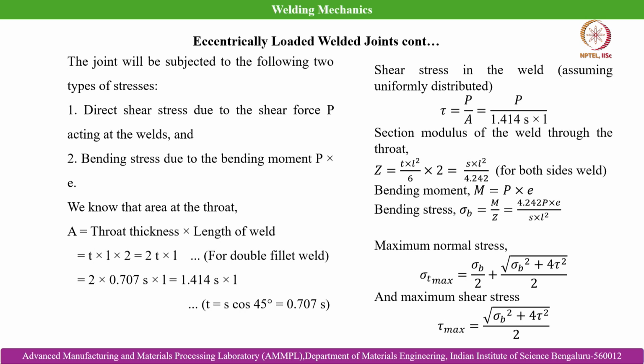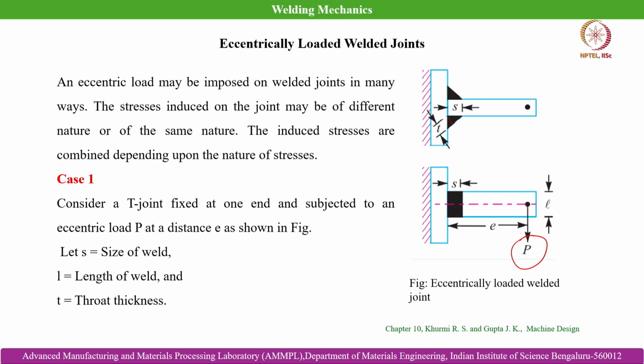Then we know that the area at the throat A is equal to T cross L. Here, because we are talking about double fillet weld, it is T cross L cross 2. This is what is shown here, and from the previous class, as we know, from here also you can understand that because this is a right angle, both these angles are 45 degrees.